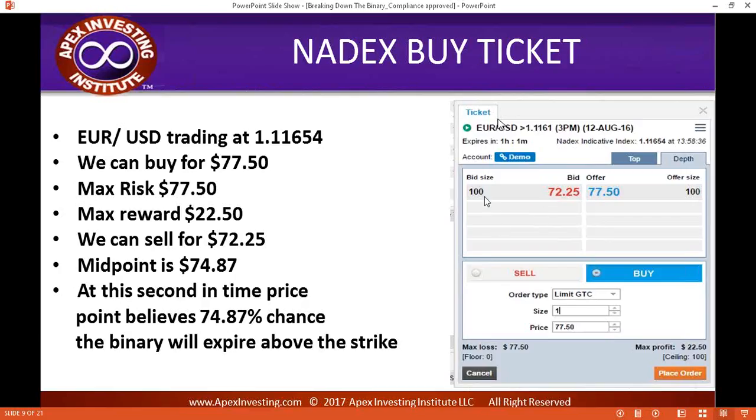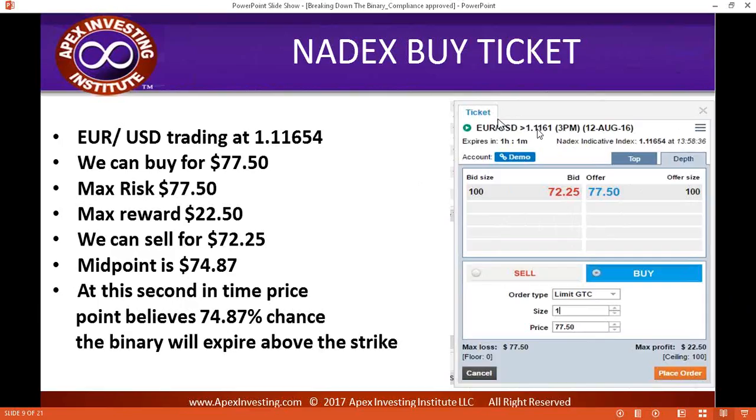Now, let's say I wanted to sell the contract. On the buy side, this is an in-the-money contract. But on the sell side, is this also an in-the-money contract or an out-of-the-money contract? If I sell it, what am I saying? I'm saying the statement is false.